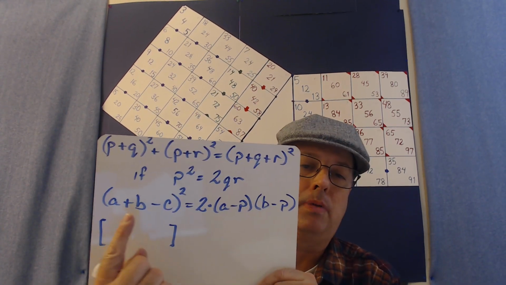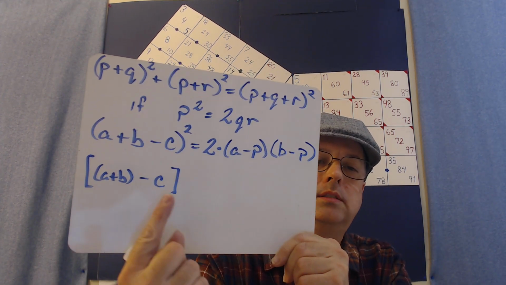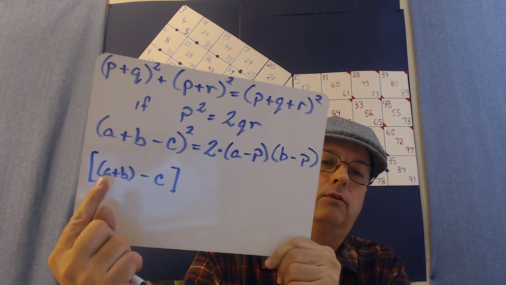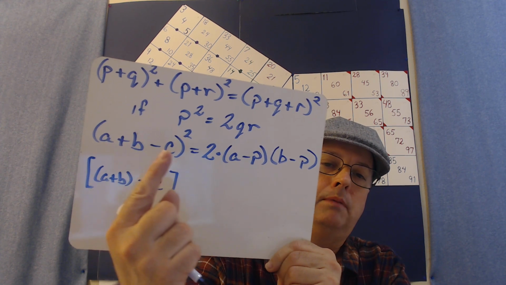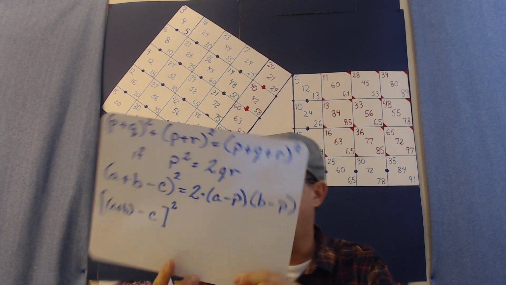All right, so the way to multiply A plus B minus C squared is to think of it as A plus B minus C. The A plus B is still there, and the minus C is there. But I just put these brackets here so that I could regroup the A and the B. Okay, and then what we're going to do is we're going to square this arrangement by this formula.